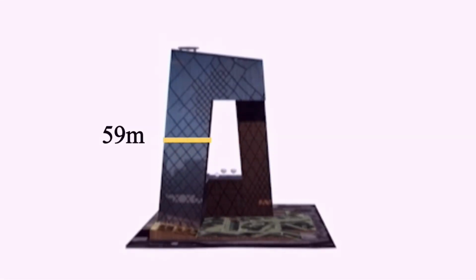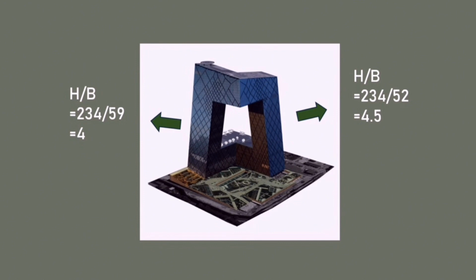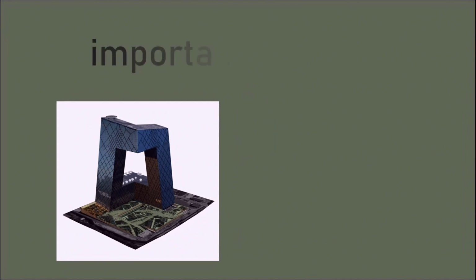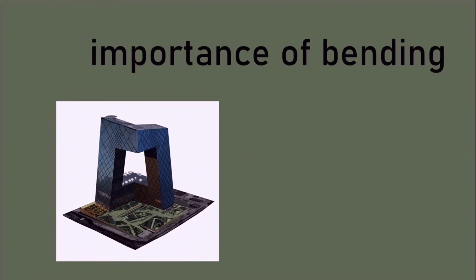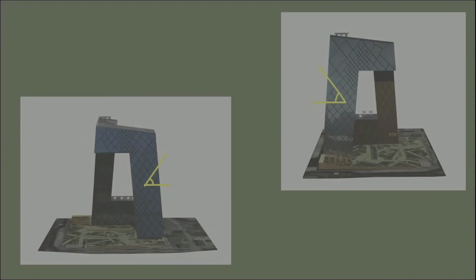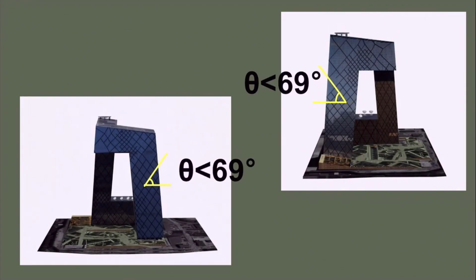Since the aspect ratio of CCTV headquarters is 4.5 and 4, it is lower than the experimental condition with an aspect ratio of 6.67. Therefore, since the importance of bending for the overall transverse displacement is reduced compared to the experimental result, it can be predicted that the optimal zeta value will be less than 69 degrees.